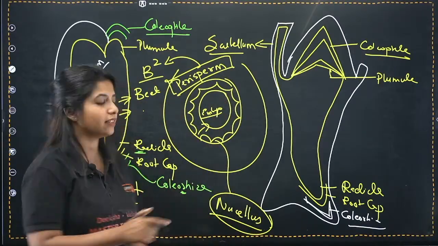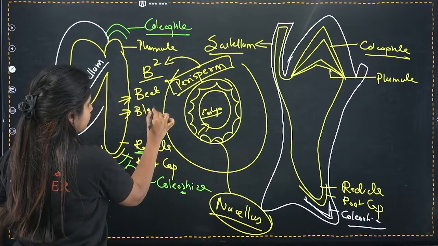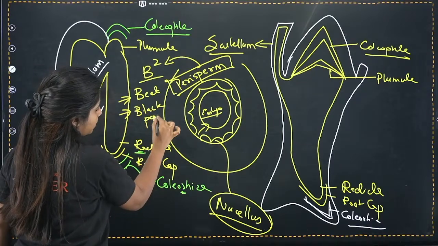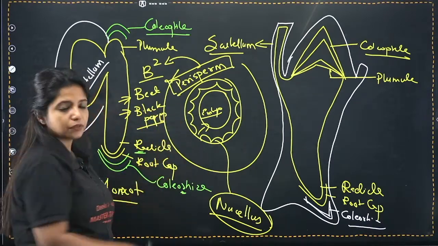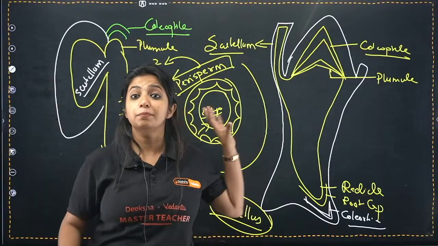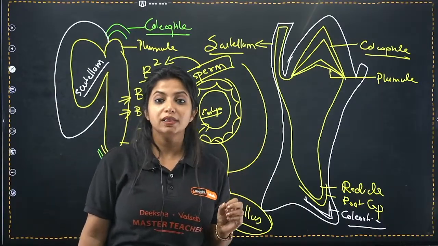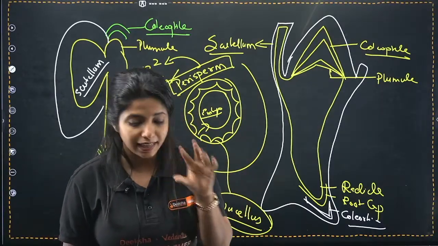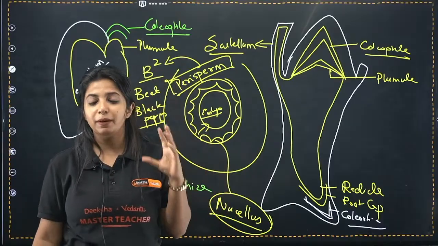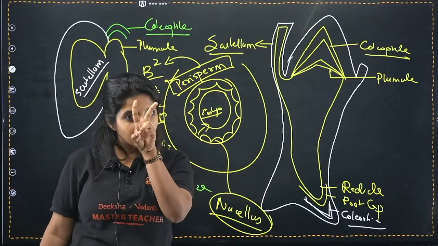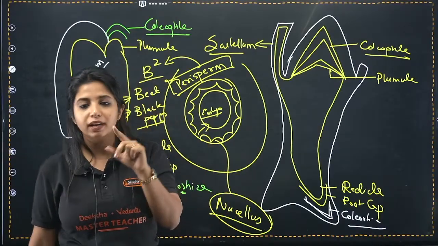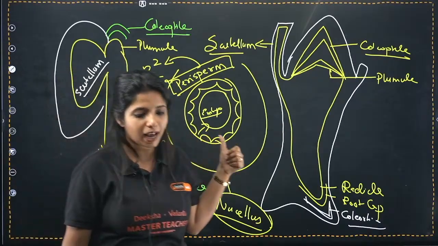Beet is there, and there is black pepper. So mostly the cells of the nucellus are not there, but sometimes they persist. If they persist, you call this perisperm. According to your NCERT, perisperm is found in two of them, B square: one is beet and the other one is black pepper.